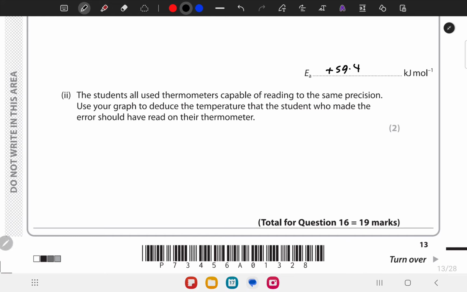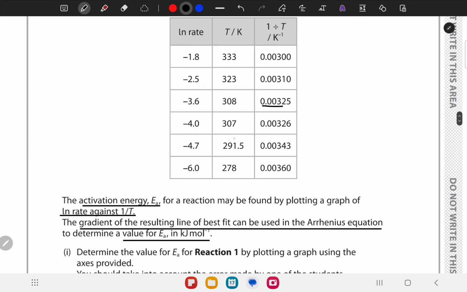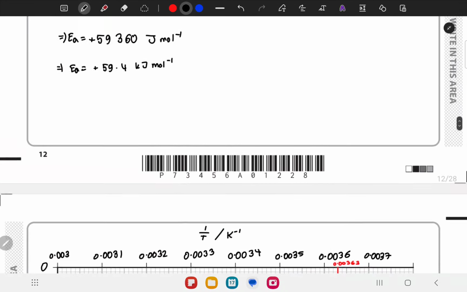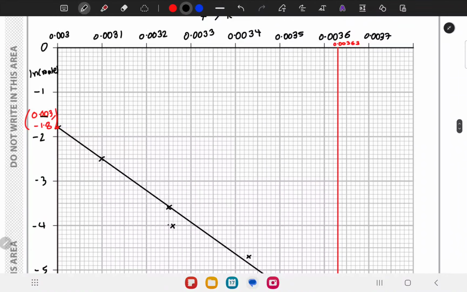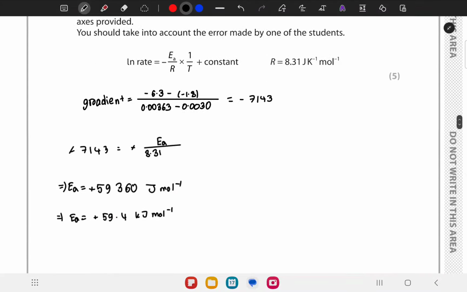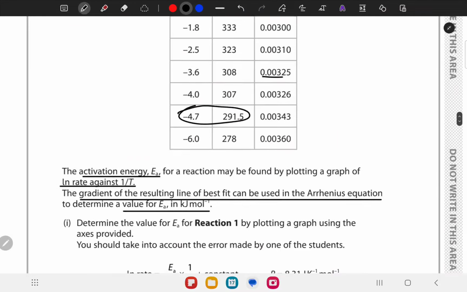Now we are told that the students all use thermometers capable of reading the temperature to the same precision. So the error was made by minus 4. This guy made the error.